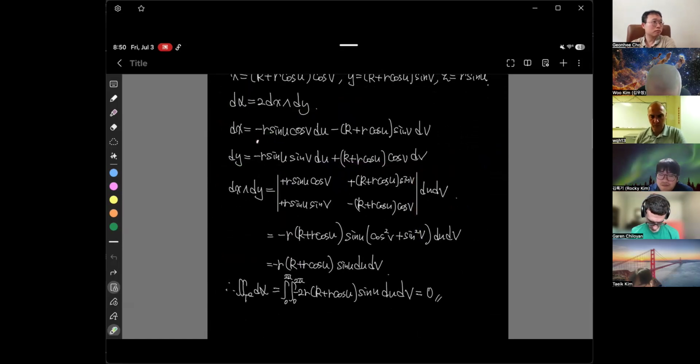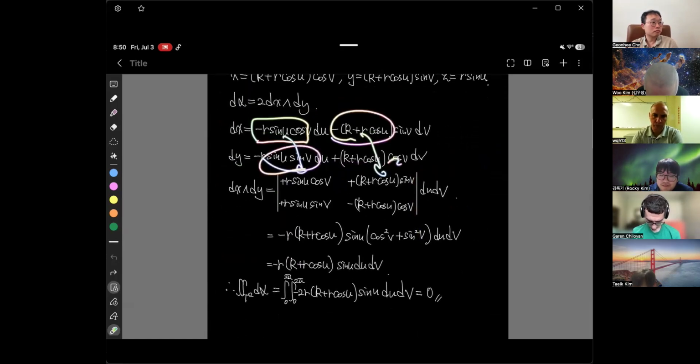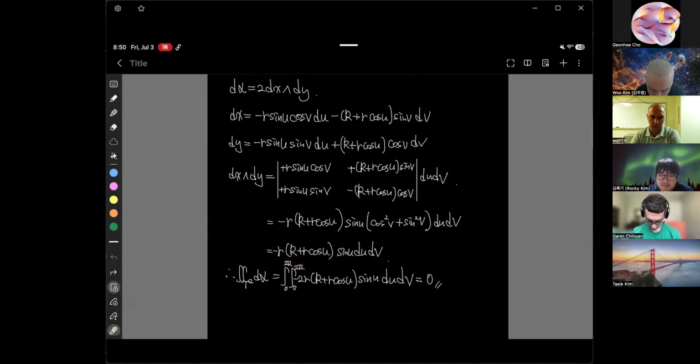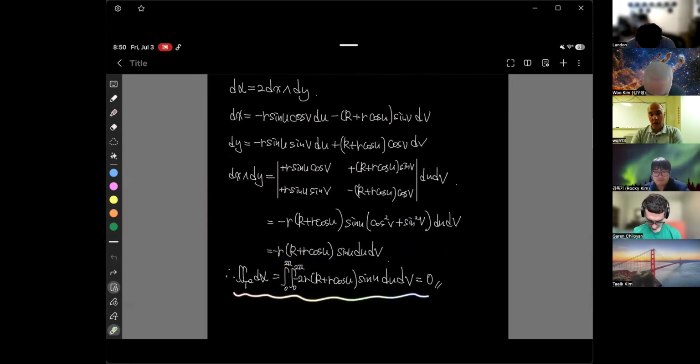So this one going this way, this one going this way. Boom, boom. So I believe we can just compute this way. This computation is nothing special. So we have the same value.